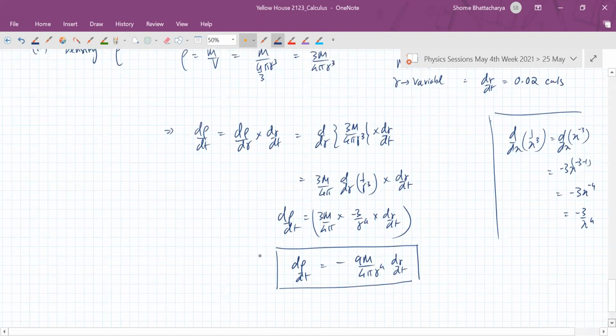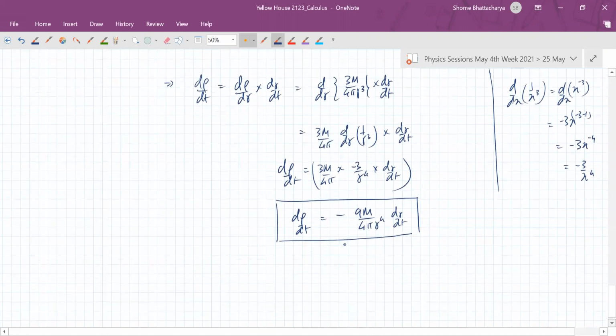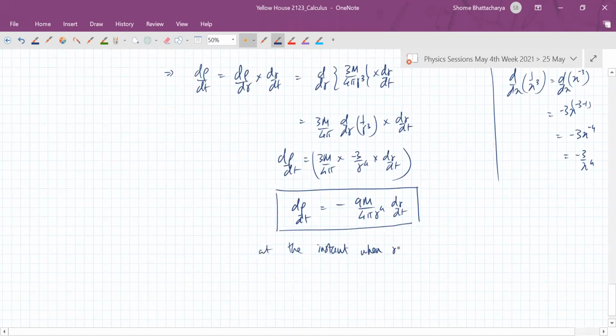So at the instant when r is equal to 10 centimeters, we can see that the rate of change of density is minus 9 into, now I'm going to write this in grams.